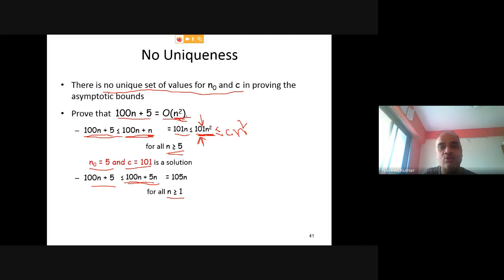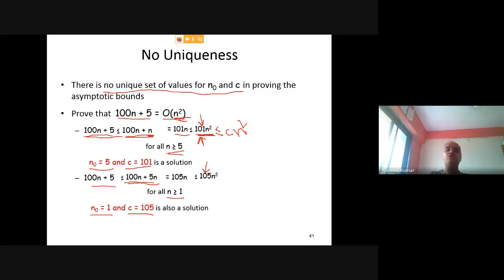Now we need n square, right? So you can say it should be less than or equal to 105 n square. So you get C times n square, where C here is 105. So for n0 equal to 1 and C equal to 105, this also proves it.